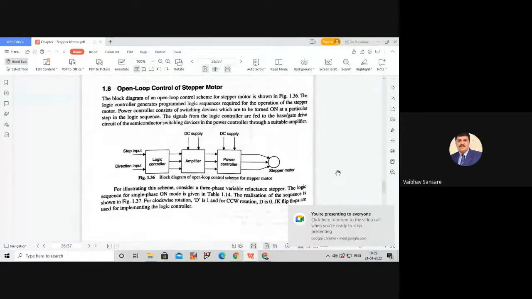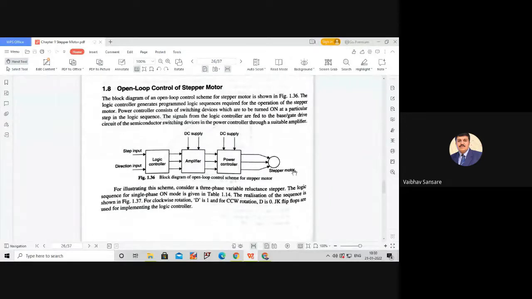Okay. So let's start with the first control strategy for the stepper motor, which is the open loop control scheme. The block diagram for the open loop control scheme of a stepper motor is as shown in the figure. If you look at this block diagram, there is no feedback loop provided.